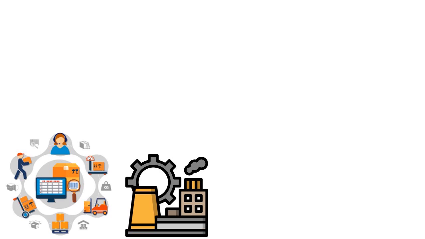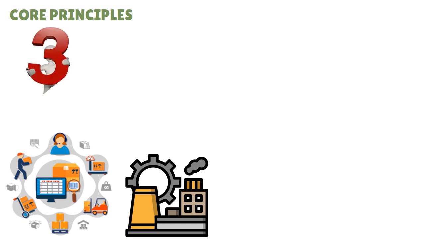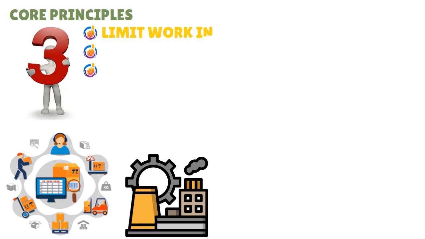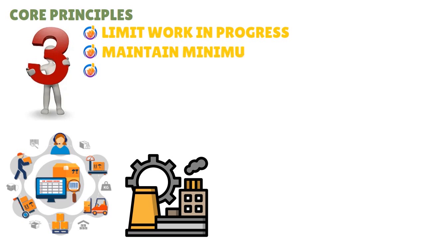So what are the rules of the Kanban system? Well, the Kanban system is based on core principles that help optimize processes, minimize waste, and improve manufacturing efficiency. There are three primary Kanban inventory guidelines: you want to limit work in progress, you want to maintain minimum inventory levels, and you want to use visual cues all the time.